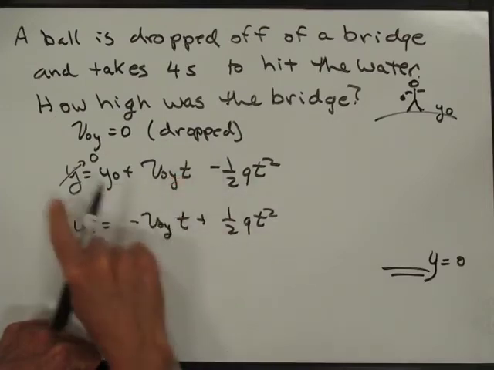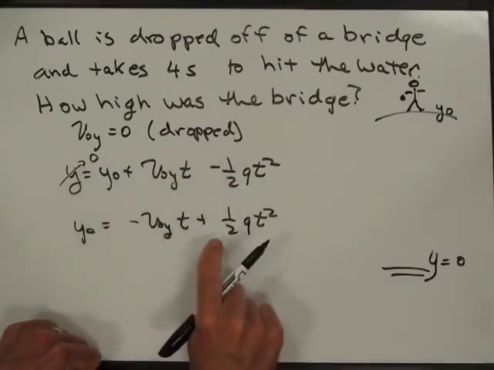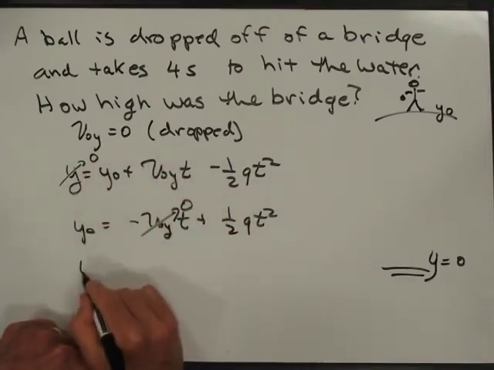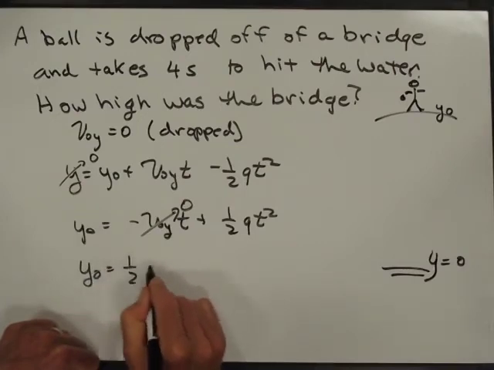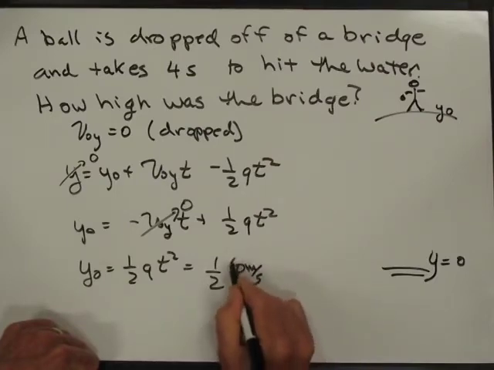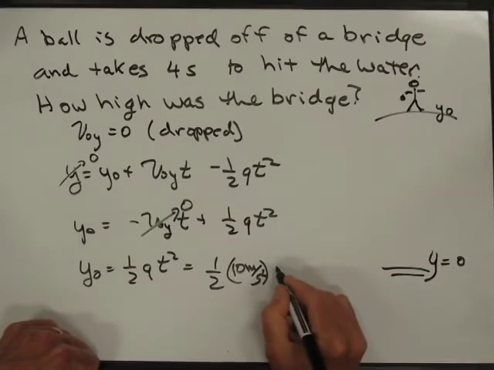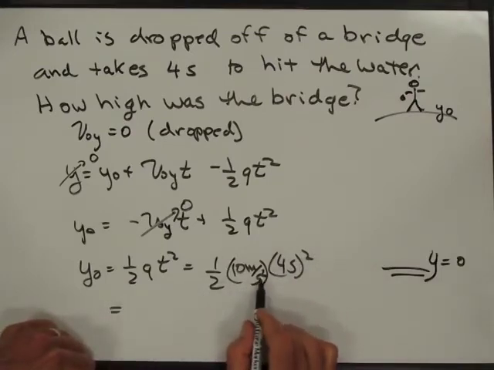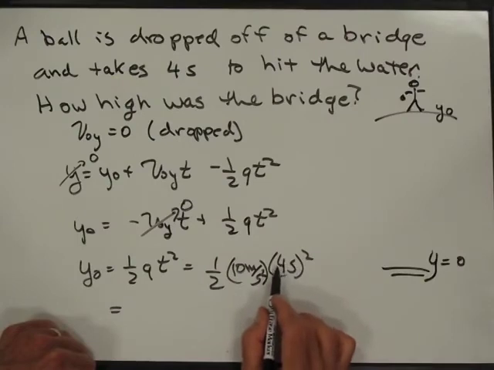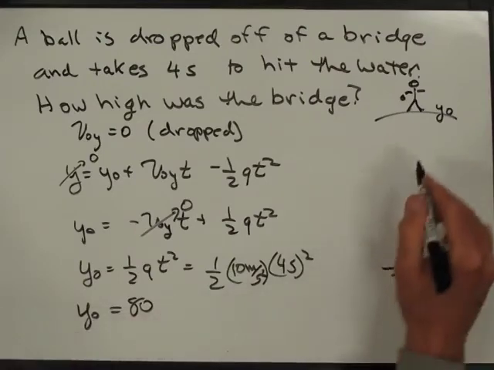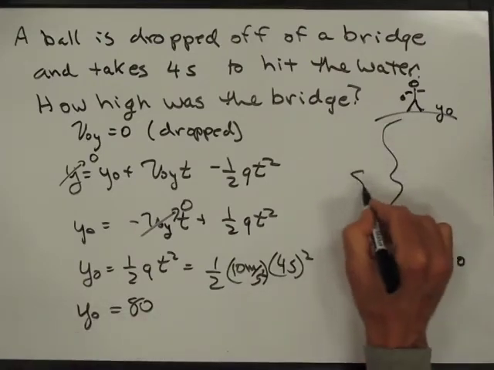Because I just subtract these two over to the other side. It gives this guy a negative sign and this guy a positive sign. v0 y is 0 because the thing's being dropped, and so y0 is equal to 1/2 g times time squared, which is 1/2 times 10 meters per second squared times 4 seconds squared. And so the second squared and the second squared are going to cancel. 4 squared is 16 times 10 is 160 divided by 2 is 80. So y0, the height of the bridge, is 80 meters.